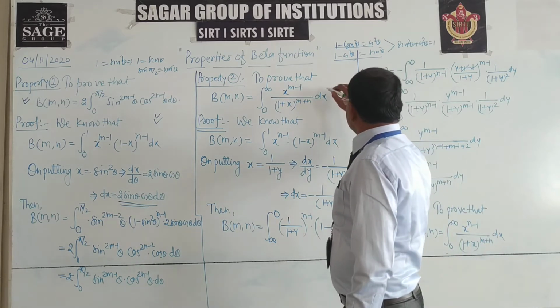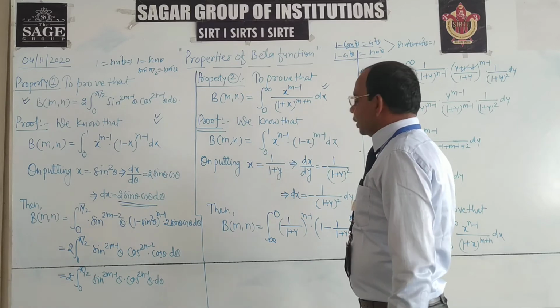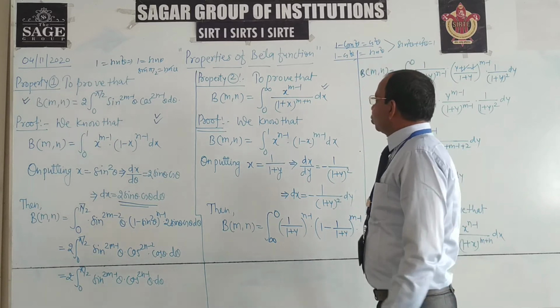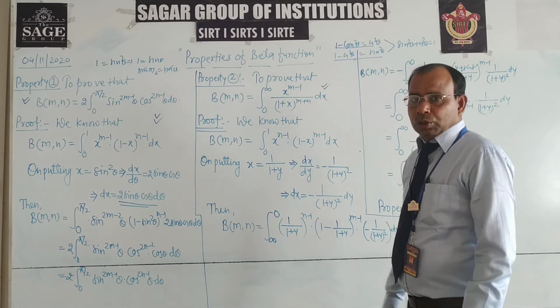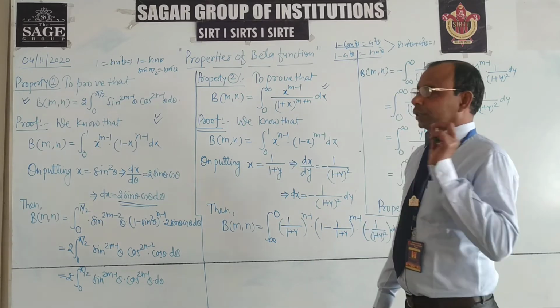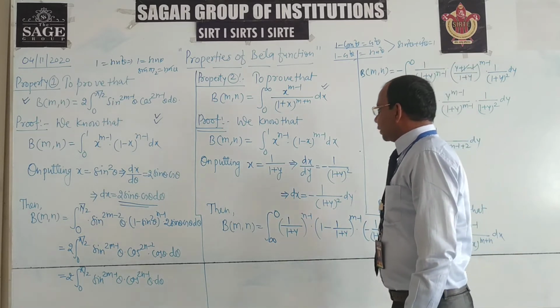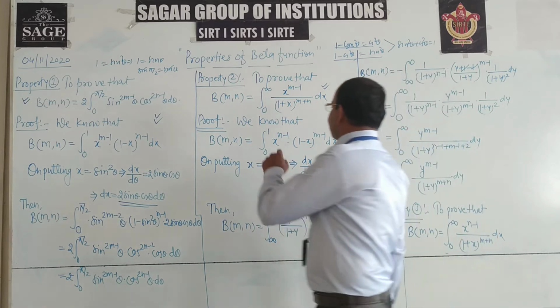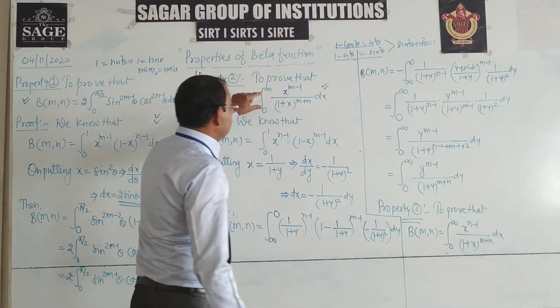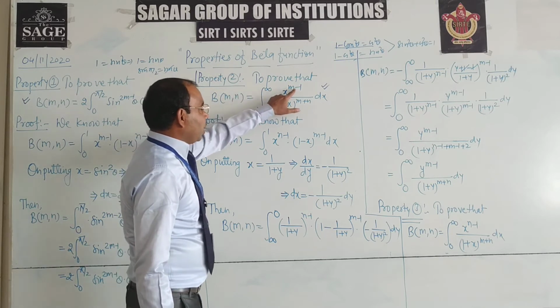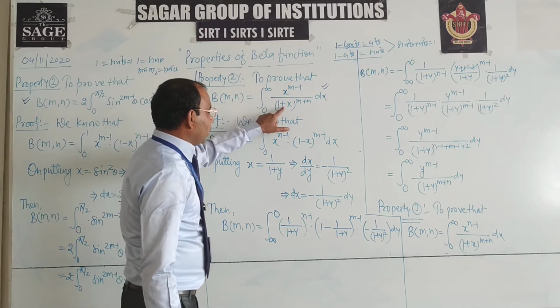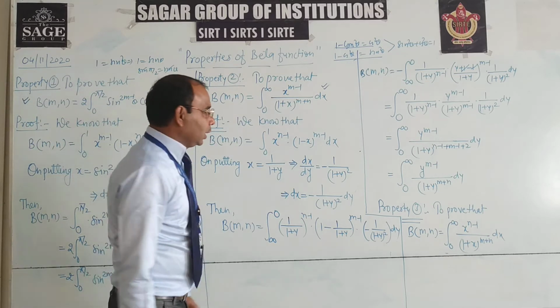Here this property belongs to the format of the x term, so now we choose the substitution in the x term format. We see in the property x to the power m minus 1 upon 1 plus x to the power m plus n.